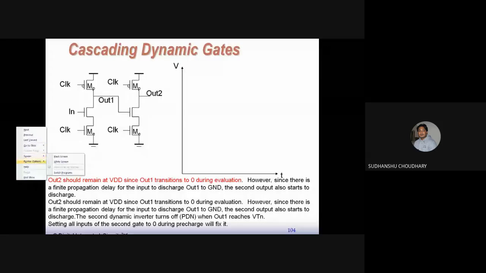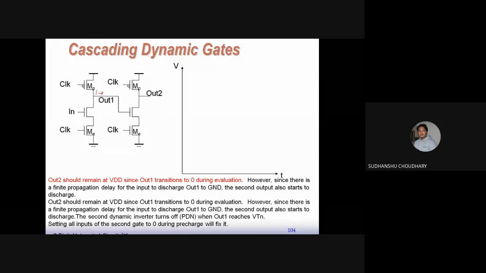So let us say that out 1 is making a transition from 1 to 0. So obviously that means we are trying to bring this out 1 to 0 via this path.